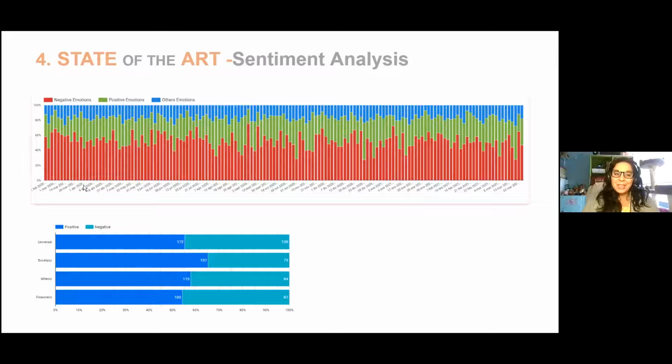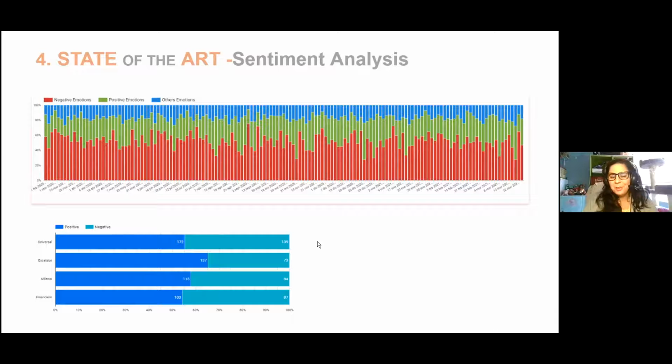And regarding the timeline, since the announcement of the vaccine, which is February until March, this is how the opinion fluctuated. There's not a clear pattern, but what we could see is that negative emotions were the predominant ones regarding the vaccination strategy.